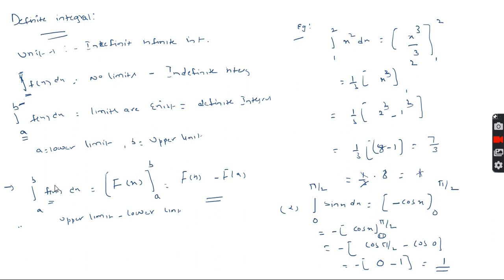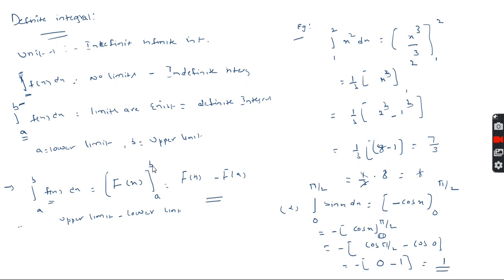So how can you find this integral, the integral from a to b of f of x dx? First we find the integration of f of x. Here the integration of f of x is equal to capital F of x, with the limits from a to b. This is equal to F of b minus F of a. We substitute x equal to b, the upper limit, minus the lower limit.